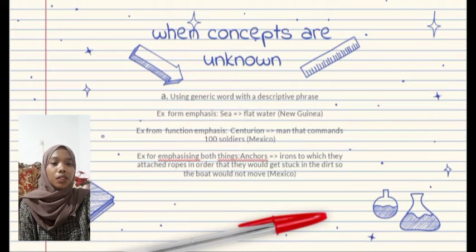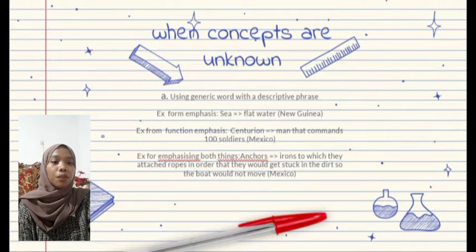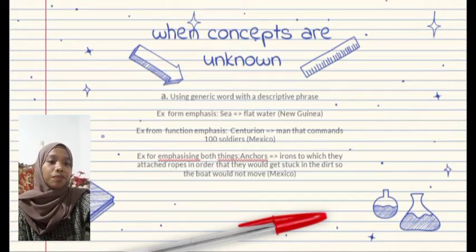Then an example of emphasizing both things: anchors, the same meaning as iron to which they attach ropes in order that they would get stuck in the dirt so the boat would not move.